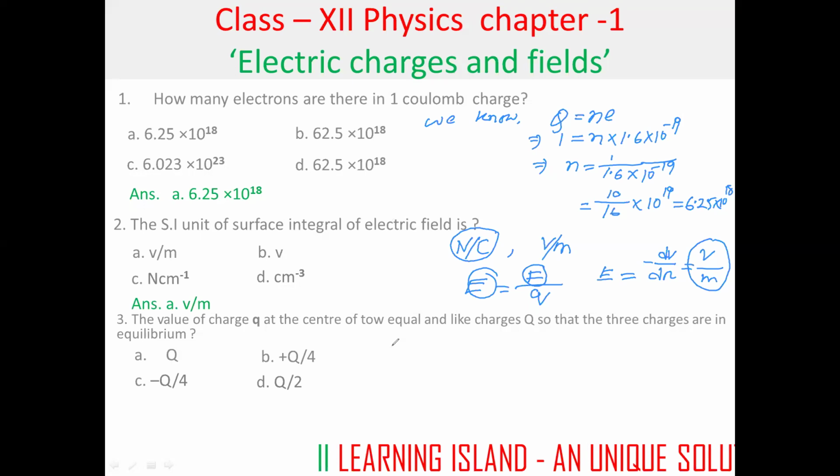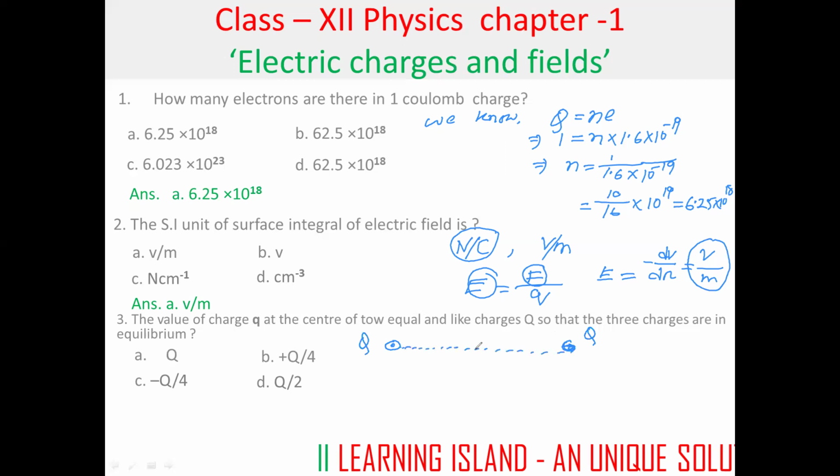Suppose here in this point there is charge Q, and in this point there is charge Q. The value of charge q at the center of two equal and like charges. So if this is plus, this is also plus. If it is minus, this is also minus. So like charges. So the distance between these two charges, suppose this one.